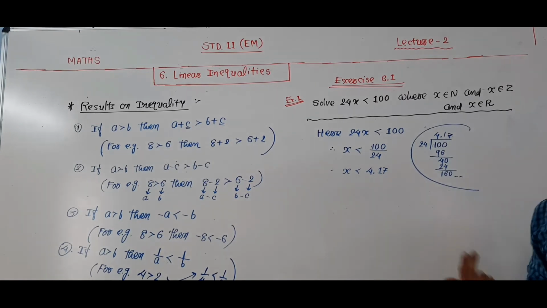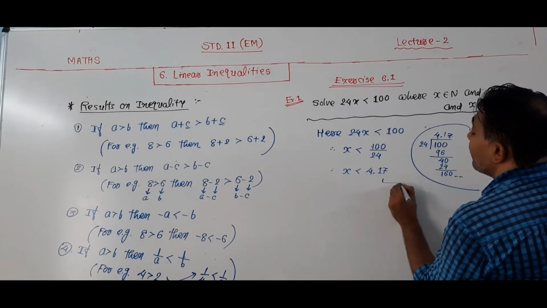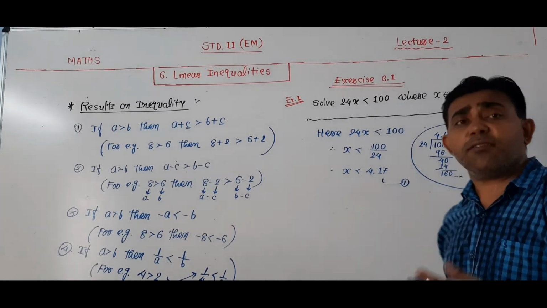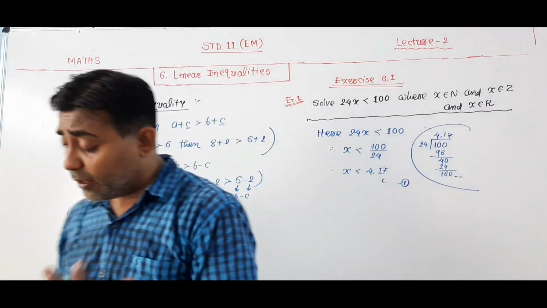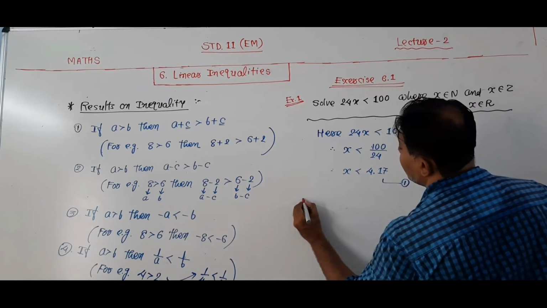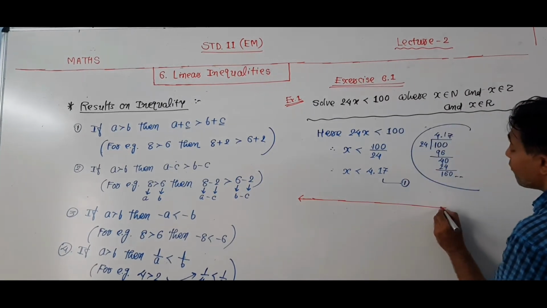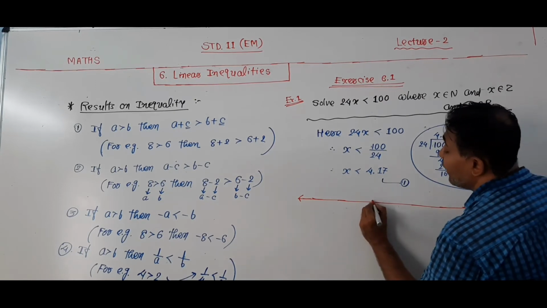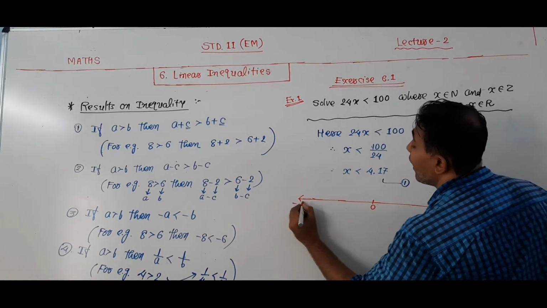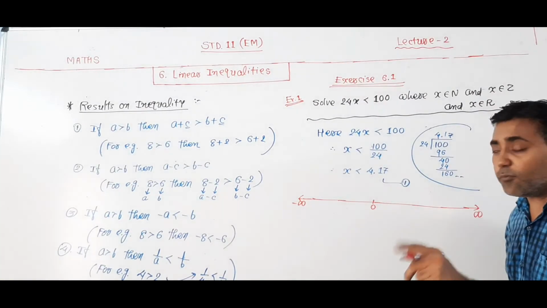Now how can we decide the solution for this kind of set? Let us draw the number line again. x is less than 4.17. Exactly where is 4.17? Let us see using this number line. Here somewhere is 0, here is minus infinity and here is plus infinity.